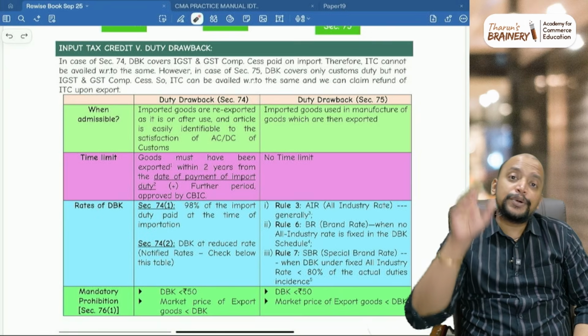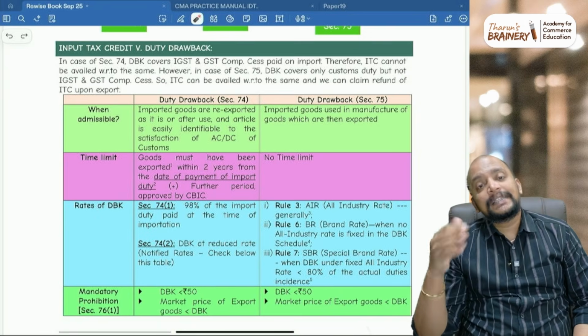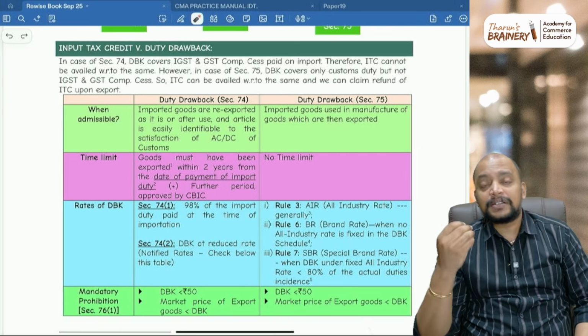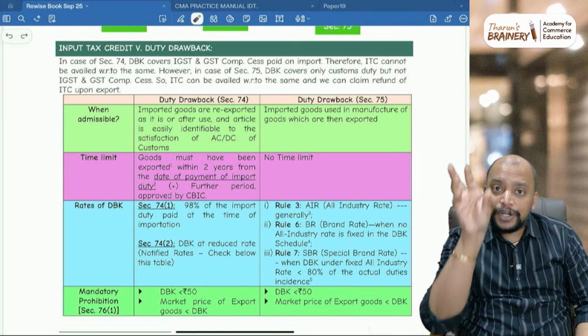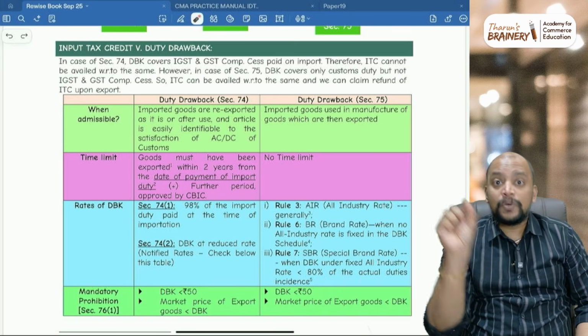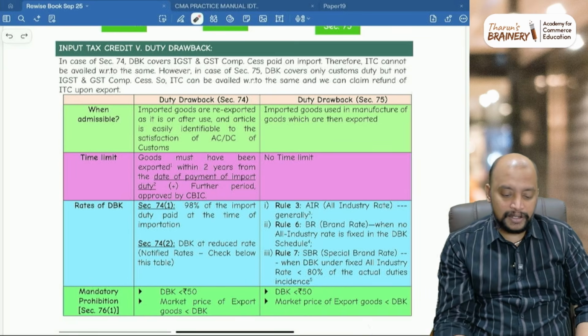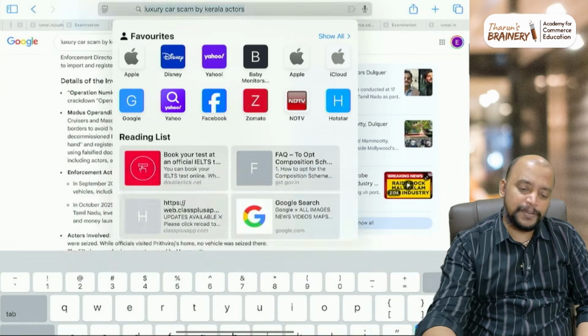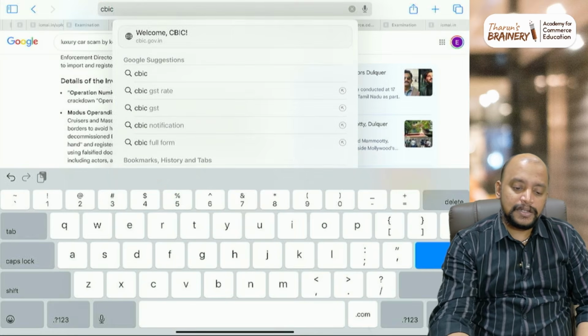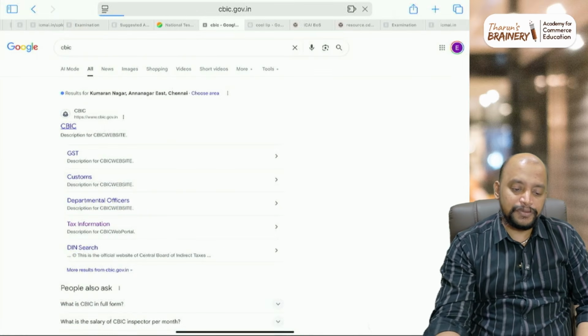So there will be a duty drawback schedule that is released by customs department, central government, and in the duty drawback schedule you can find for every product what is the rate of duty drawback. So this is available on the CBIC website, cbic.gov.in.